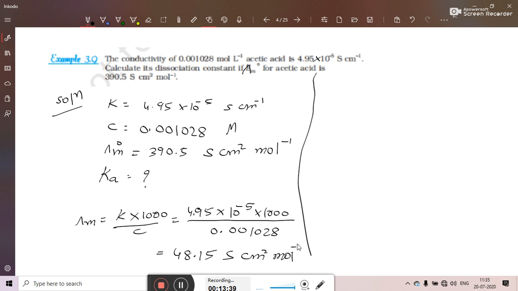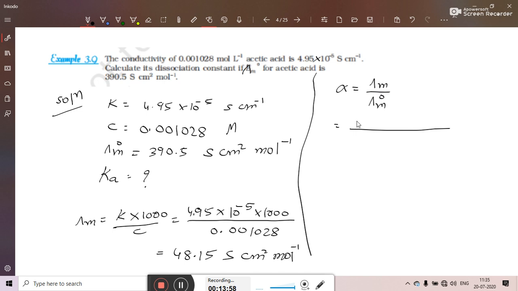Now from lambda m we can find out alpha. Alpha is equal to lambda m upon lambda m naught. Here you have to remember, in case of alpha, always the smaller value, that is lambda m, should be in the numerator, and the bigger value, that is lambda m naught, should be in the denominator.